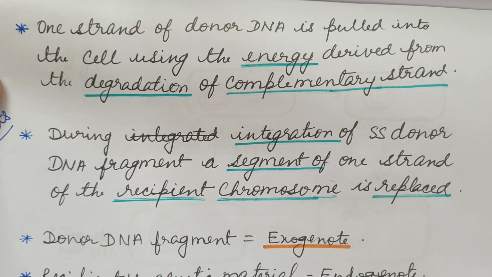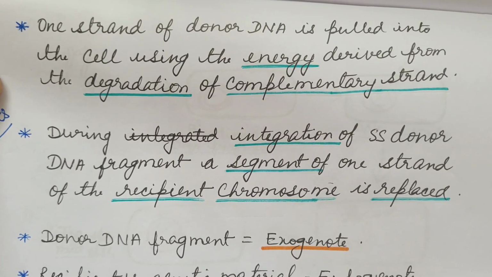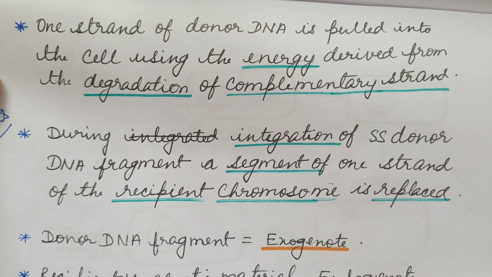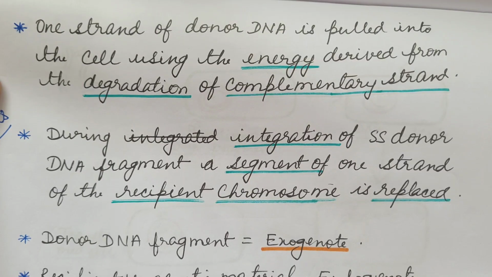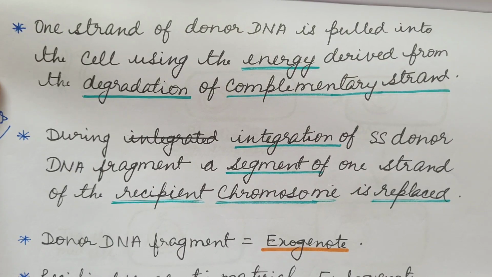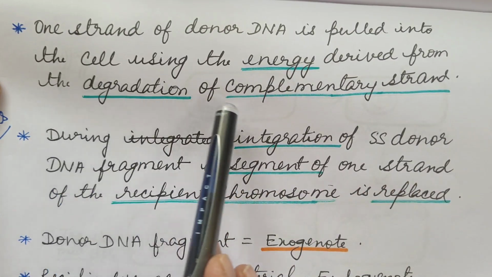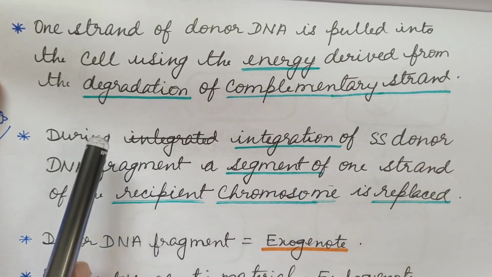Now let us see some of the facts related to transformation. We have seen that transformation is an active process. When the donor DNA is pulled inside, energy is required. This energy is derived from the degradation of the complementary strand.